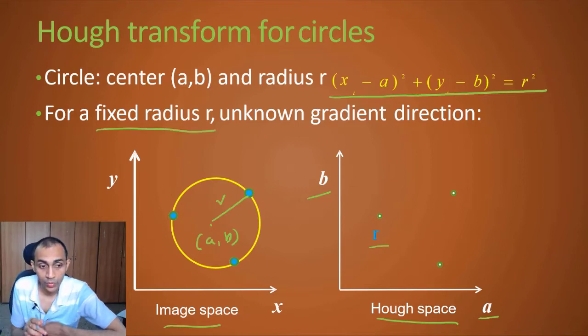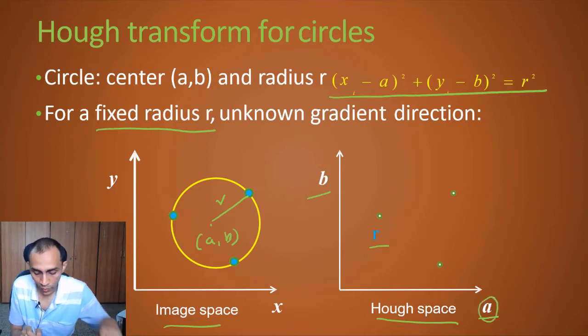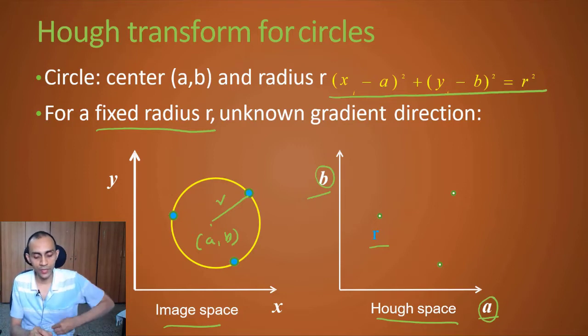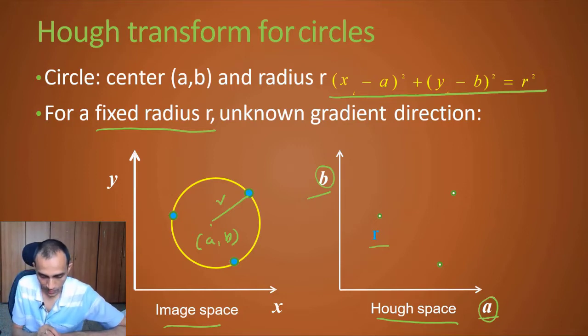Okay, so let us try to understand how a point in the image space will correspond to something in the parameter space. Let us say we have this point in the image space, and we know the radius of this circle is r, some value.